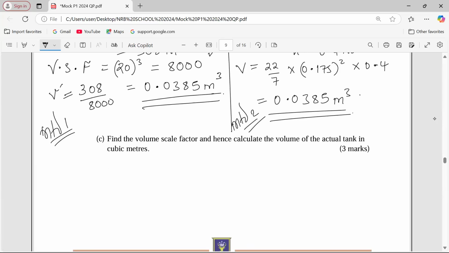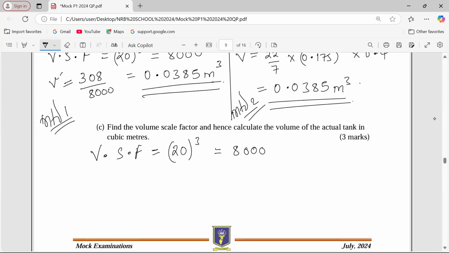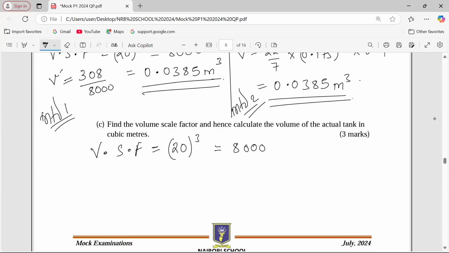So volume scale factor equals 20 power 3, giving us 8,000. We have the cubed linear scale factor. So with the volume scale factor already done, hence calculate the actual volume, or volume of the actual tank.